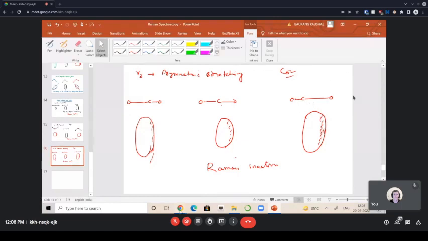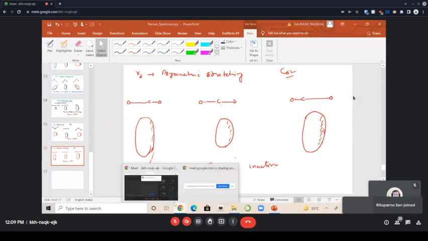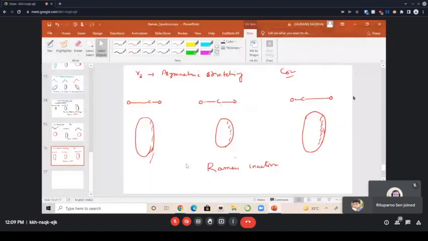Whereas in the case of the H2O molecule, all three modes, the symmetric stretching mode, the bending mode, and the asymmetric stretching mode, are found to be Raman active.